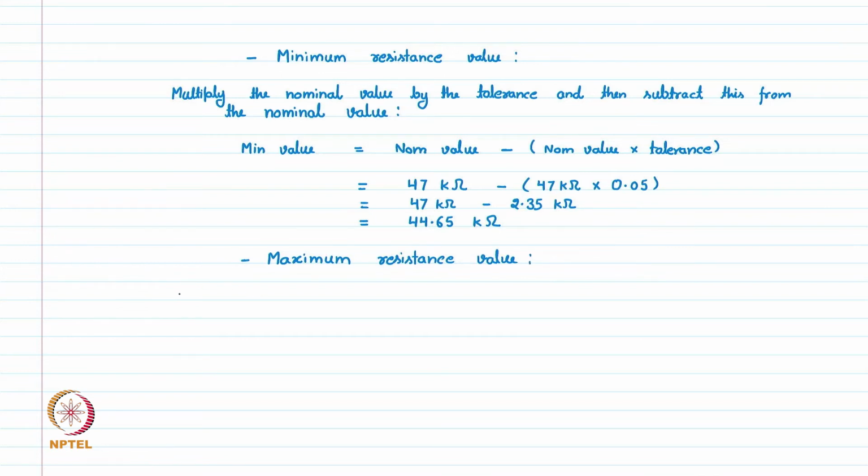So in this, we multiply the nominal value by the tolerance, and then add this to the nominal value.